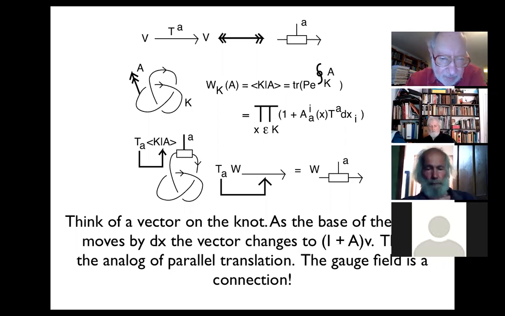Furthermore, I want to think about the way the Wilson loop, that's this holonomy, W sub k of A, varies if I vary the field.